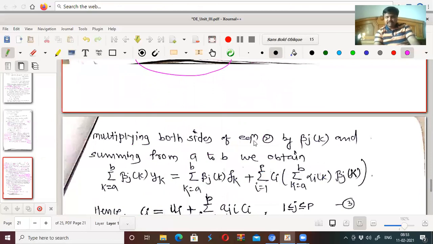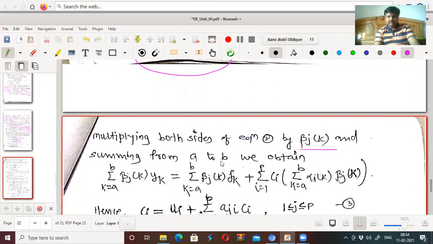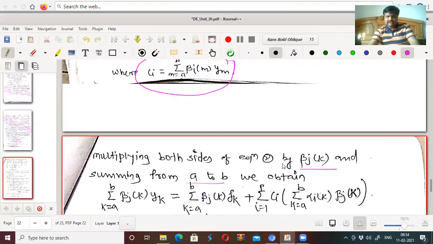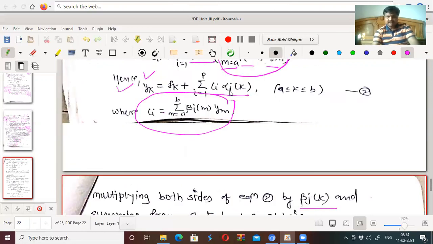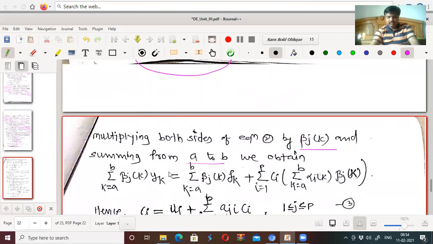Multiplying both sides of equation 2 by beta j k and summing from a to b, we obtain: y k into beta j k, f k into beta j k, and this term into beta j k, and take summation from k equal to a to b.